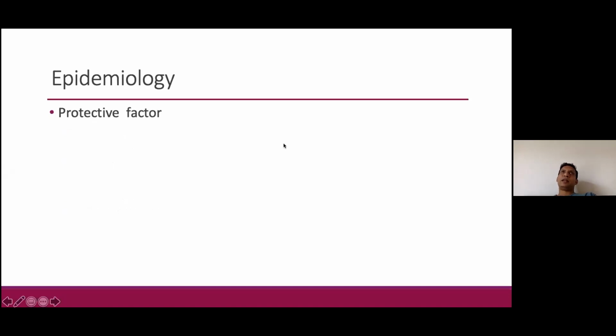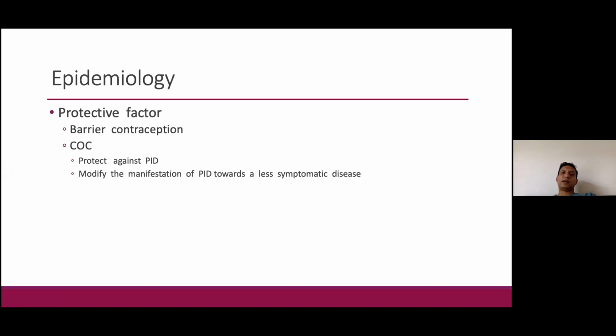And similarly, there are protective factors, like if somebody uses barrier contraception. Barrier contraceptions or condoms are the only evidence-based way to say that somebody can get protected from PID. And COC is the combined oral contraceptive pill, or usually we know them as the contraceptive pills.